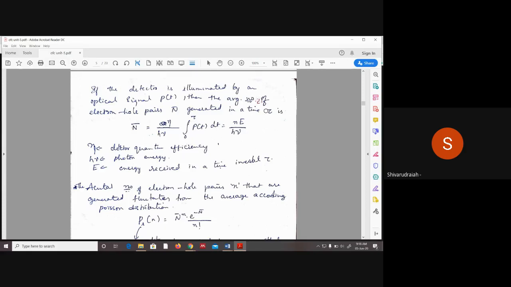For a given time duration, how many average electron hole pairs are being generated depends on the integral of 0 to tau P of t dt.